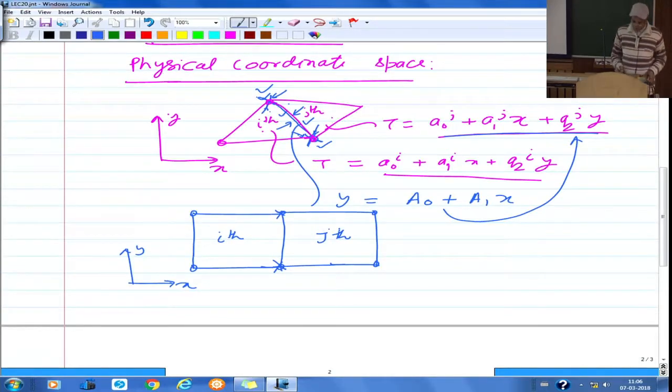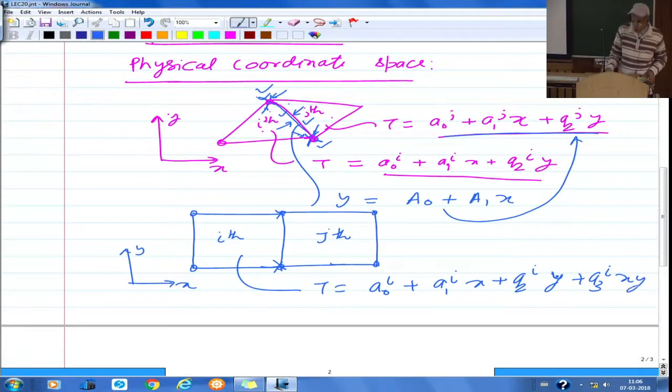The temperature field within each element is going to be like T equal to A0i plus A1i x plus A2i y plus A3i x y. Similar expression will be there for the jth element, the interpolation within the element.